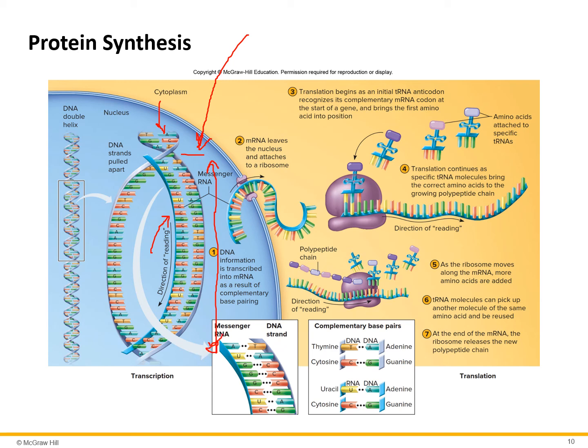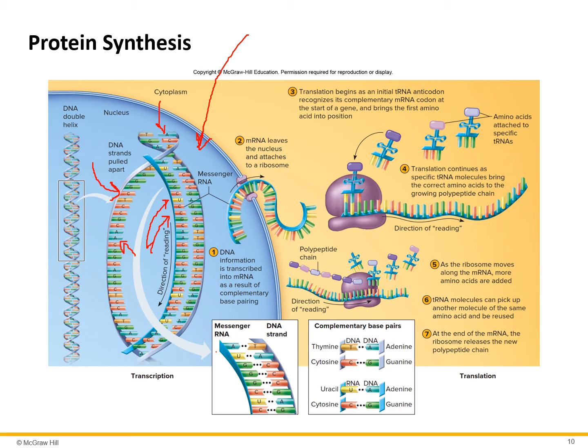Now, as the messenger RNA gets in there and makes a copy, it's going to have the identical base pairs as on the opposite side, except for the uracil. Wherever there would be a T over here, there will be a U over here.